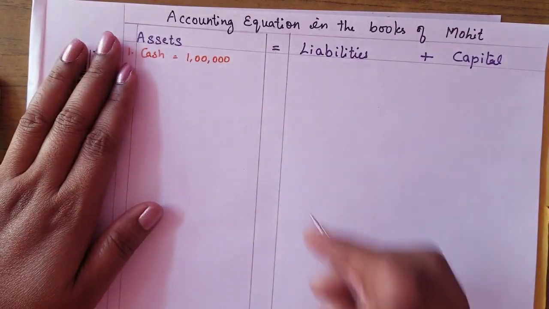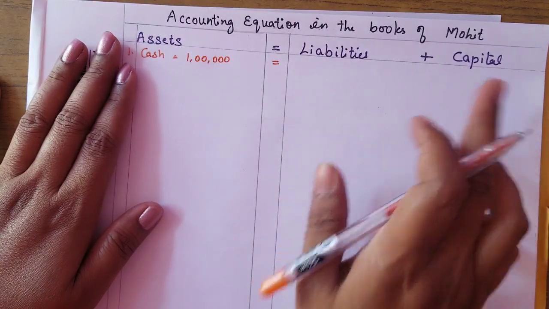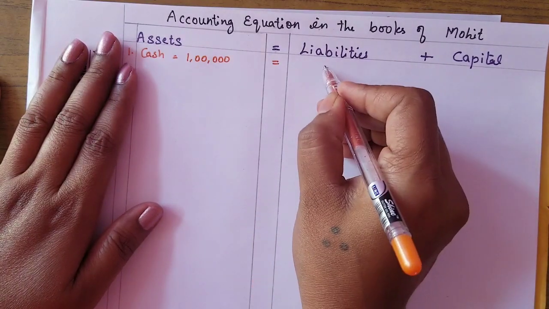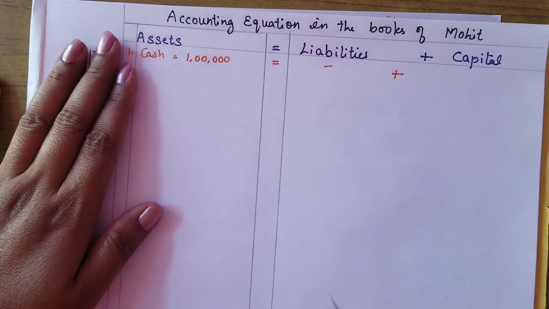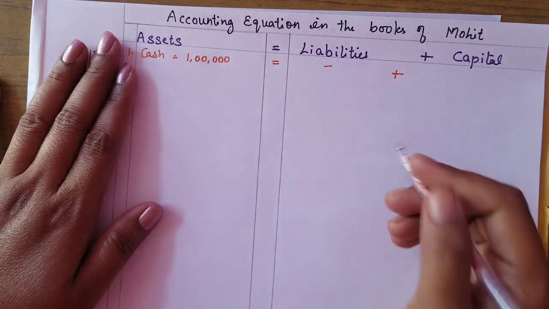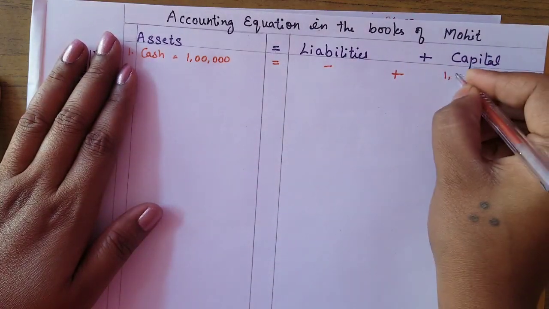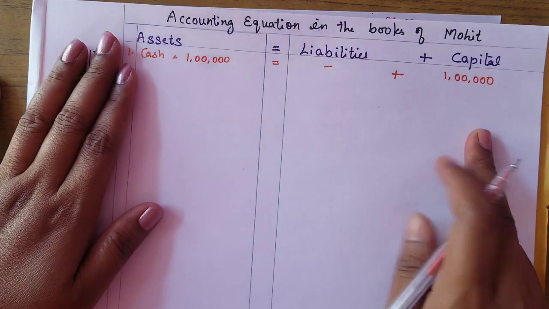Okay. So this is equal to liabilities and capital. Let me check. There is no liability in this, so it's nil, plus. When you are starting a business, obviously the cash is nothing but the capital amount, so capital will be 1 lakh. Okay.